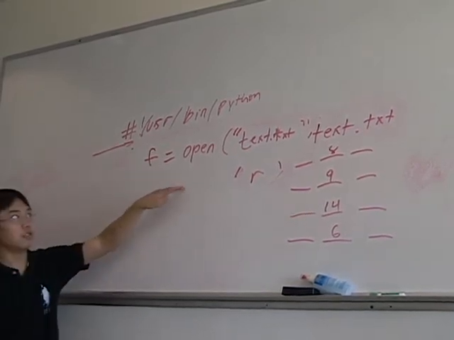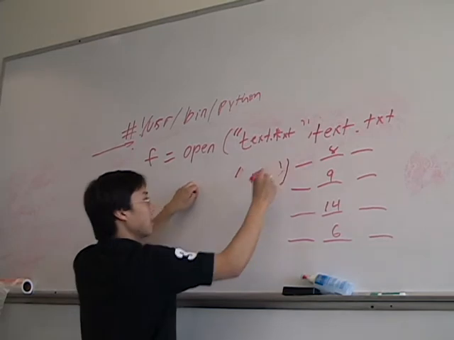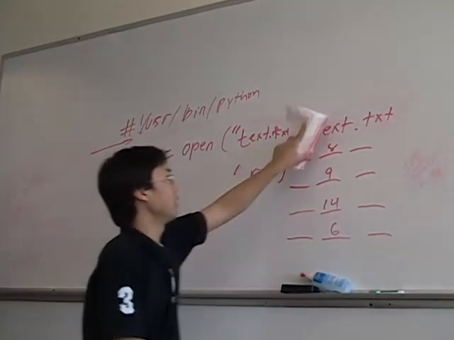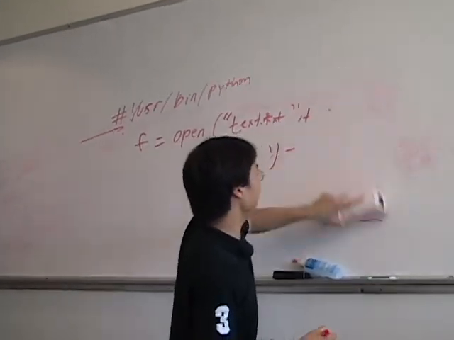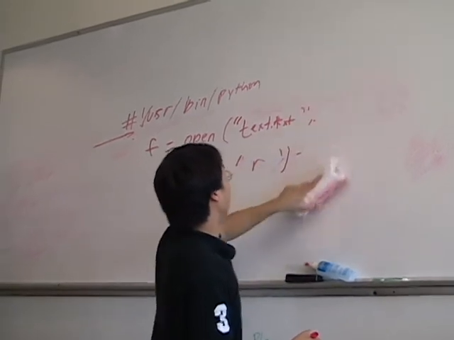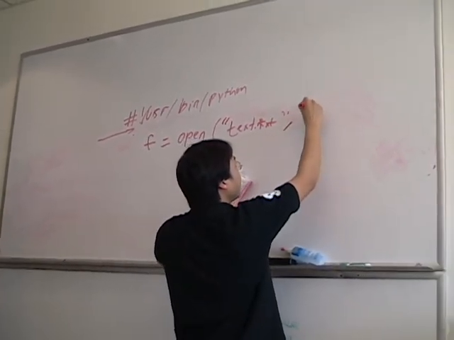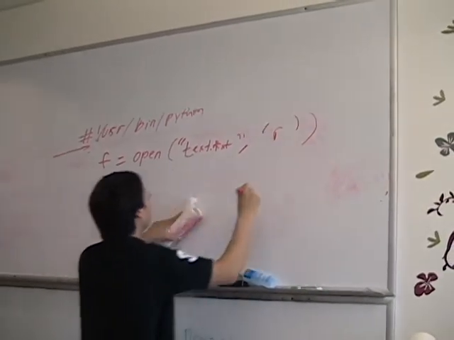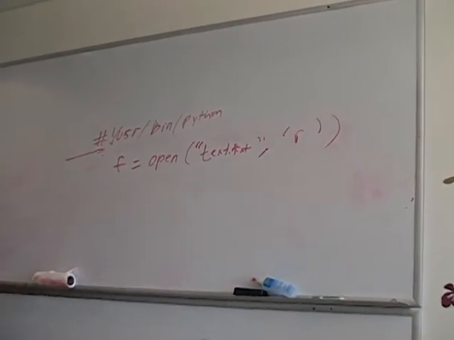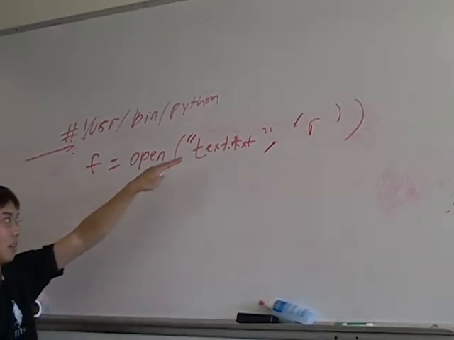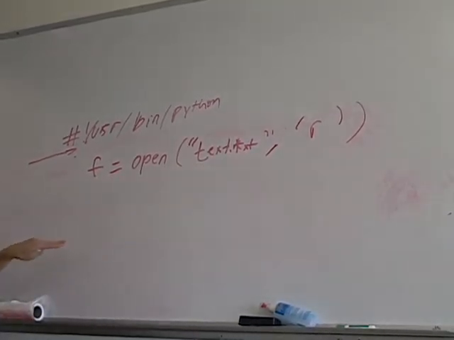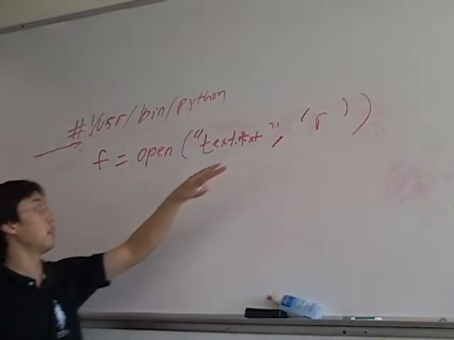Okay, so once you do that, close parentheses. Comma, single quote R. So you call the open function, you open up the text file, and you set it to read only.